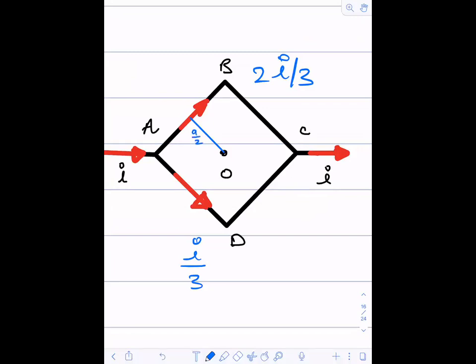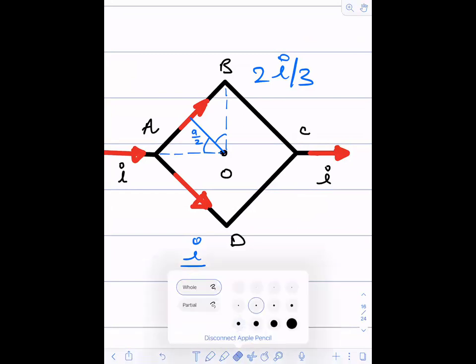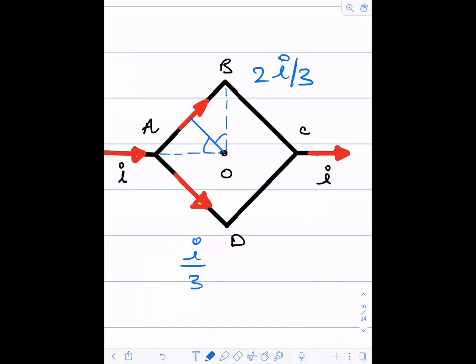I have to find out this angle as well as this angle. Can anyone tell me what these angles are? 60 degree? 45 and 45.